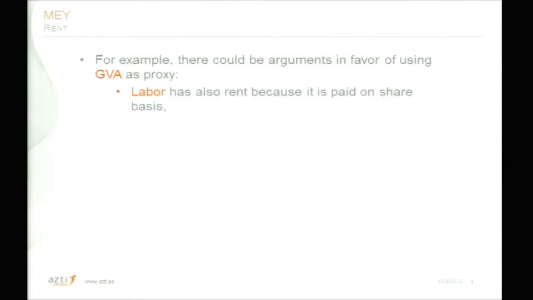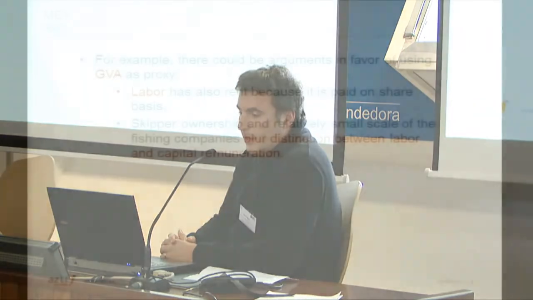So what are these arguments in favor of using value added as a proxy? First one is that labor has rent because it is paid on a share basis. And the second one is that the skipper ownership and the relatively small scale of the fishing companies blur the distinction between labor and capital remuneration.